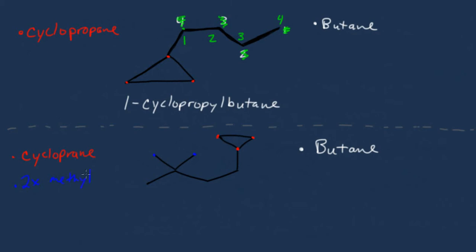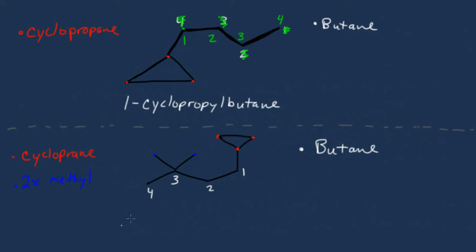Now we need to decide how to number this correctly. Like in most any other problem, we're going to give it the lowest sum. Our lowest sum is when we make this our carbon 1, that's our 2, 3, and 4.